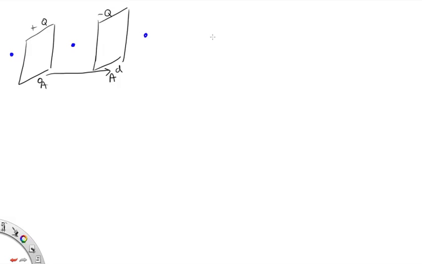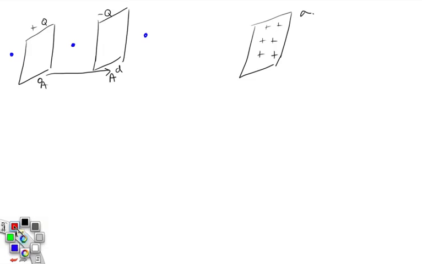Now previously we've used Gauss's law to work out the electric field due to a single plate. So let's just quickly recap that. We have an infinite plate with charge density sigma, positive charges, then the electric field lines are all coming out of the plate here, out of the plate there. And Gauss's law forces us to choose a suitable surface.